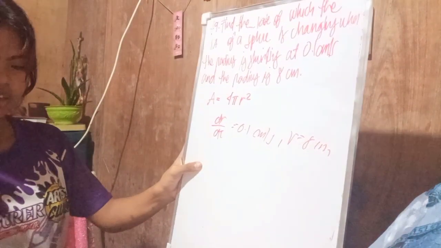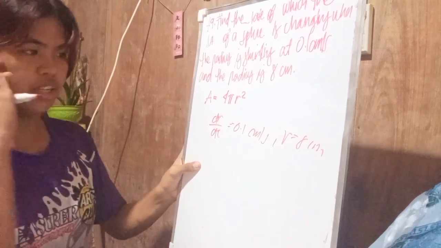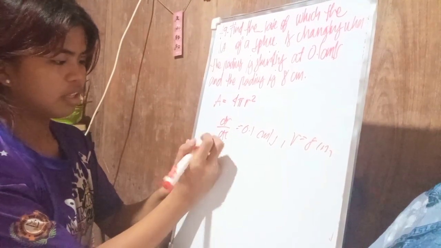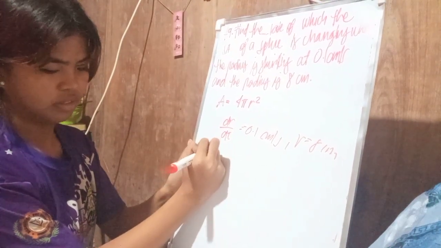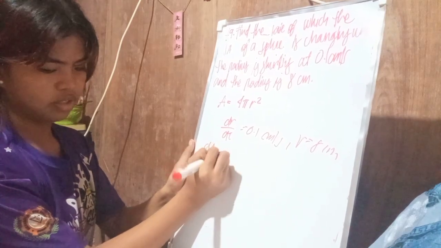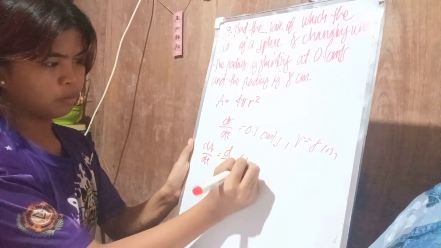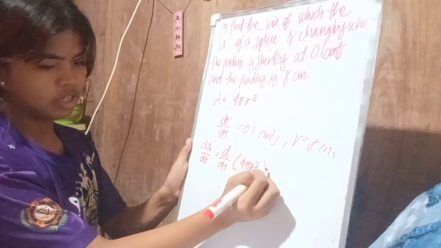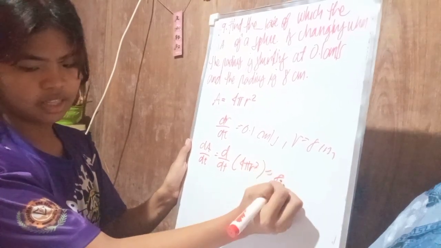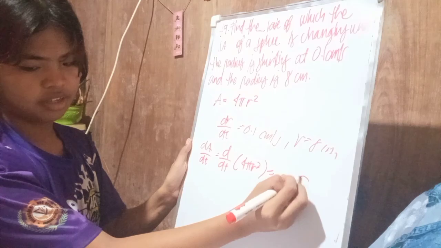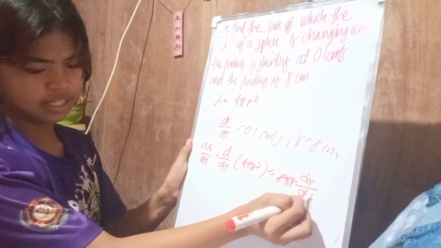Now we derive it. dA over dt is equal to d over dt of 4 pi r squared, which equals 8 pi r dr over dt.